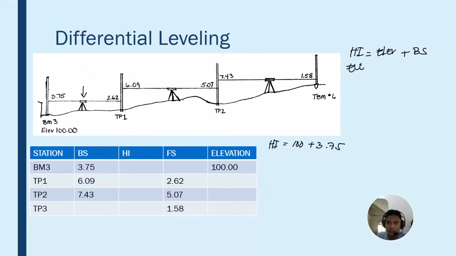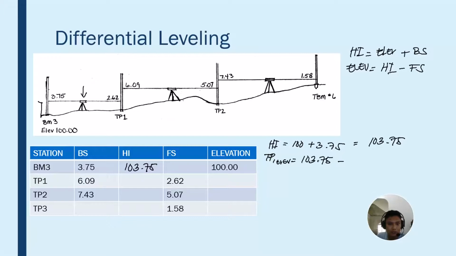For the elevation formula, elevation for the next station, the height of the instrument is to be subtracted by the foresight. So back here, 100 plus 3.75 is 103.75. So here, 103.75. Next, for the elevation of TP1, simply subtract the foresight of 2.62 from the height of instrument 103.75.